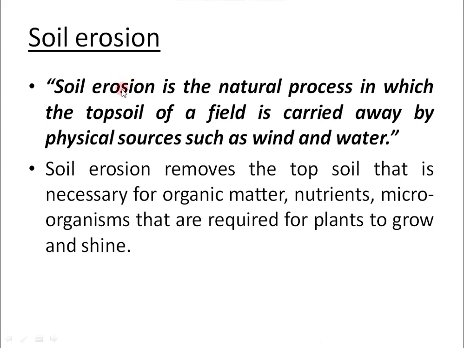Soil erosion removes the topsoil that is necessary for organic matter, nutrients, and microorganisms that are required for plants to grow and shine. It takes many years to form the upper layer. But if the soil particles are carried away because of heavy rain or stormy wind, agriculture production decreases, because in agriculture production we need fertile soil.